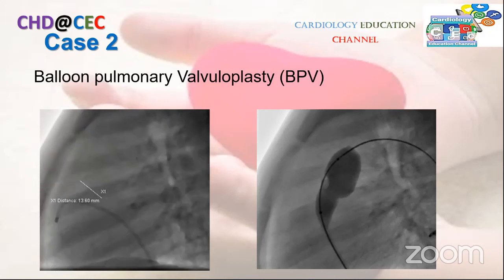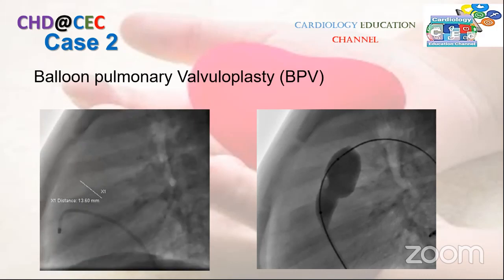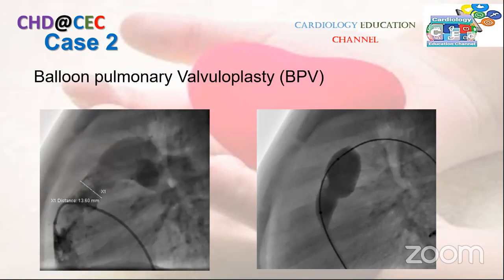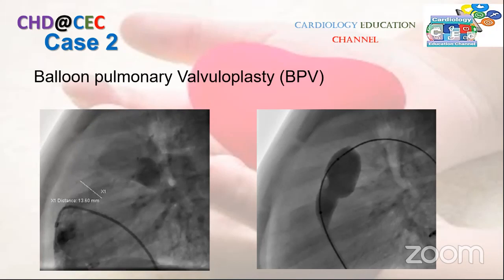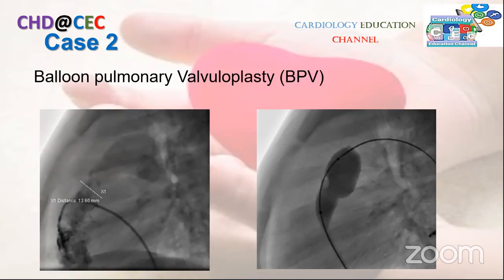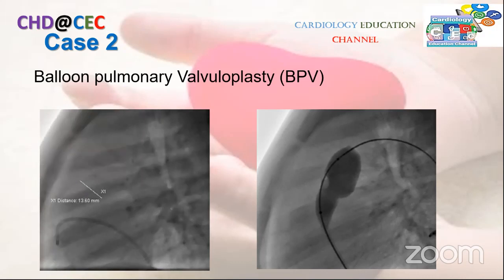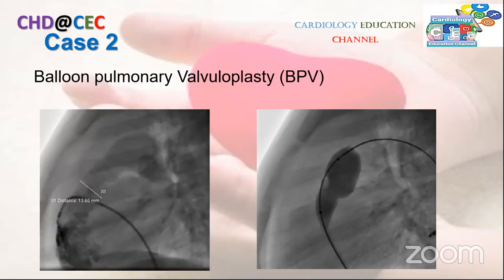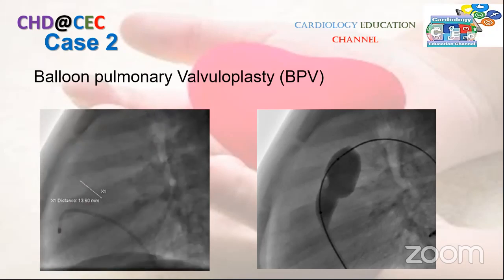Okay. I have one more comment about the success of the procedure. As Mahmoud mentioned, the pullback pressure gradient is the most accurate method to assess the pressure gradient across every segment of the RV outflow: across the peripheral pulmonaries, across the pulmonary valve, and across the RVOT.